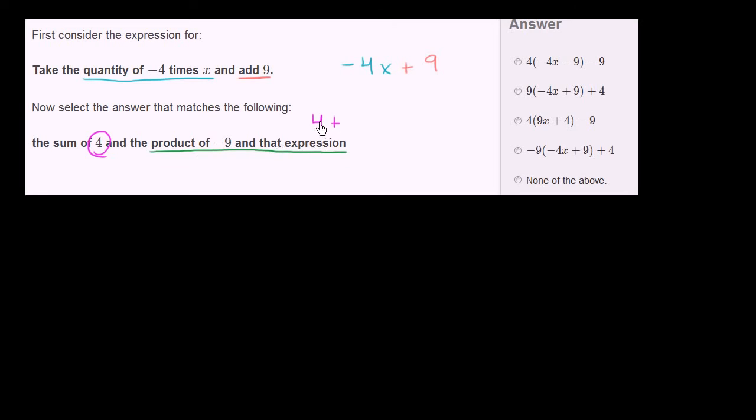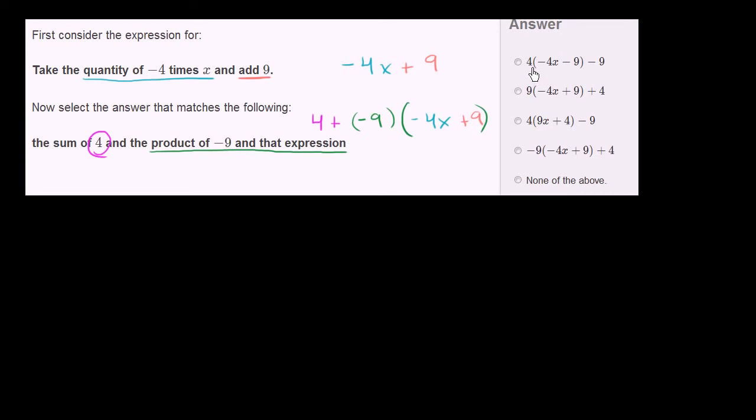So we're going to add 4 to the product, so we're going to multiply negative 9 times this expression right up here. So it's negative 9 times negative 4x plus 9, plus 4.